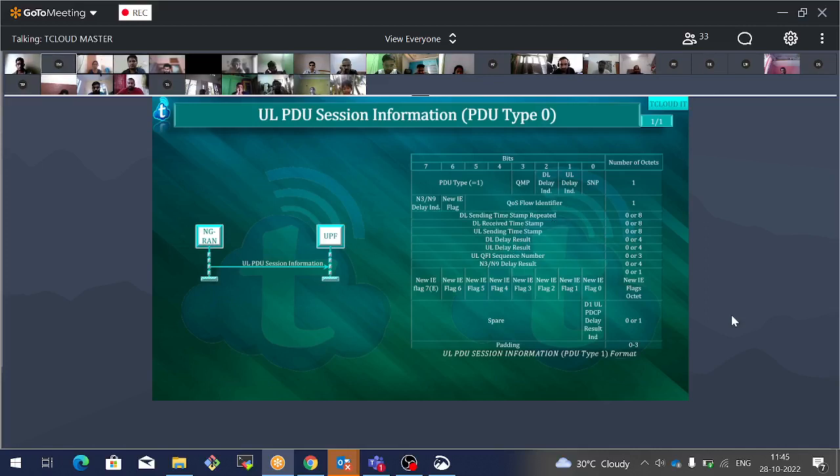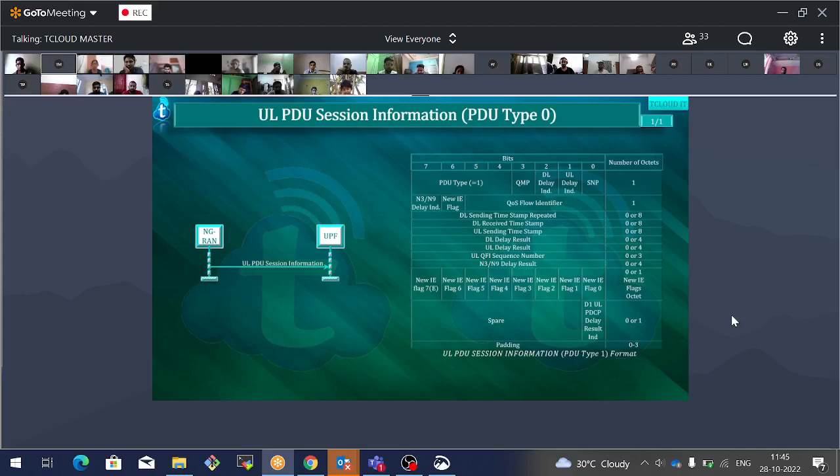So the major important details are two. One is the QoS flow ID, which says the traffic belongs to which QoS flow, and the other is the quality of service monitoring information.